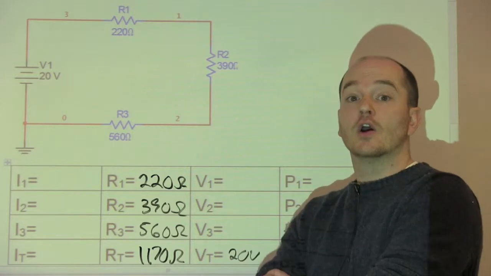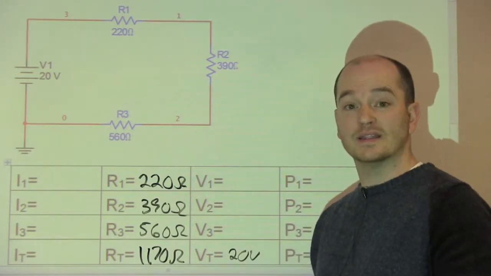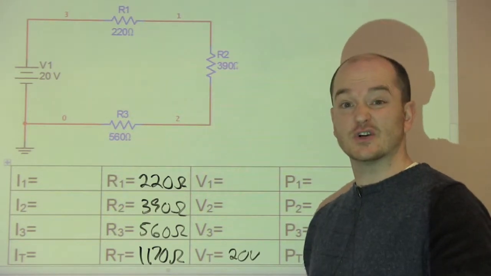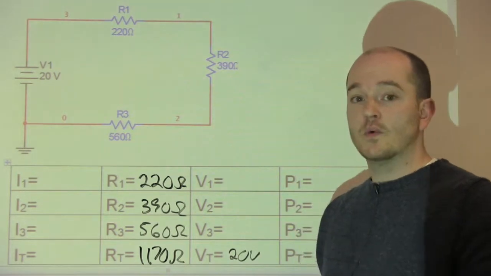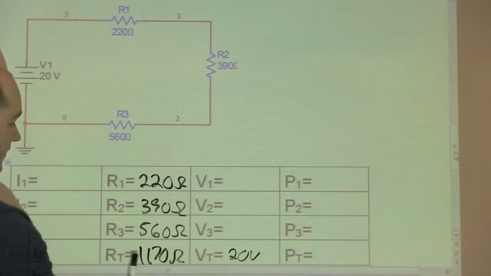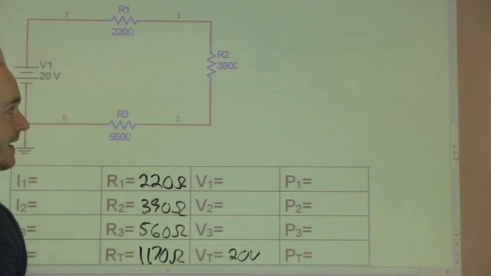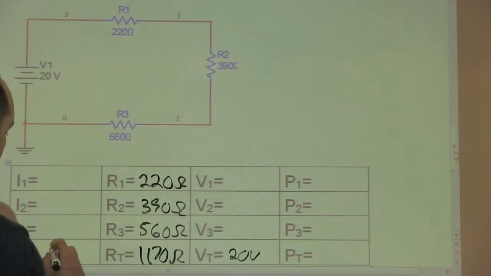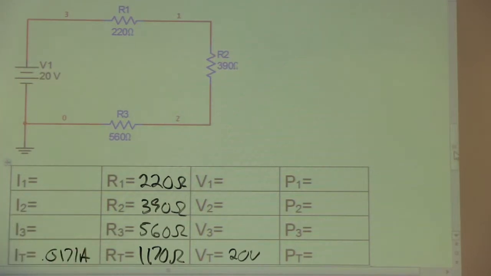And the thing about current in a series circuit is it is the same at every point, or what we like to say in my class, in a series circuit, current is the current. So to calculate out our current total, we will take 20 divided by 1170. I'll give you a second to calculate that out. And you should come up with 0.0171 amps, or 17.1 milliamps.